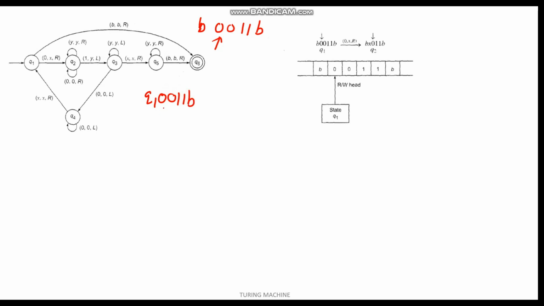We need not write it like this. We will simply write 0011, and let's put B on both sides. And this is the simple string.